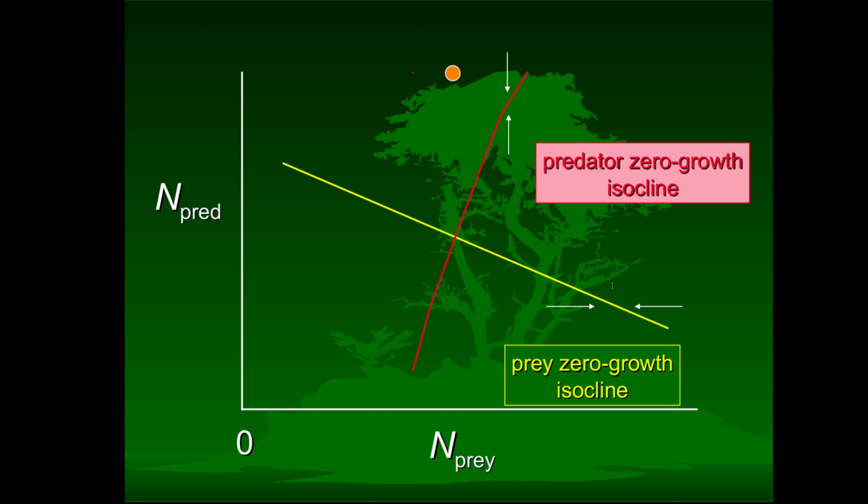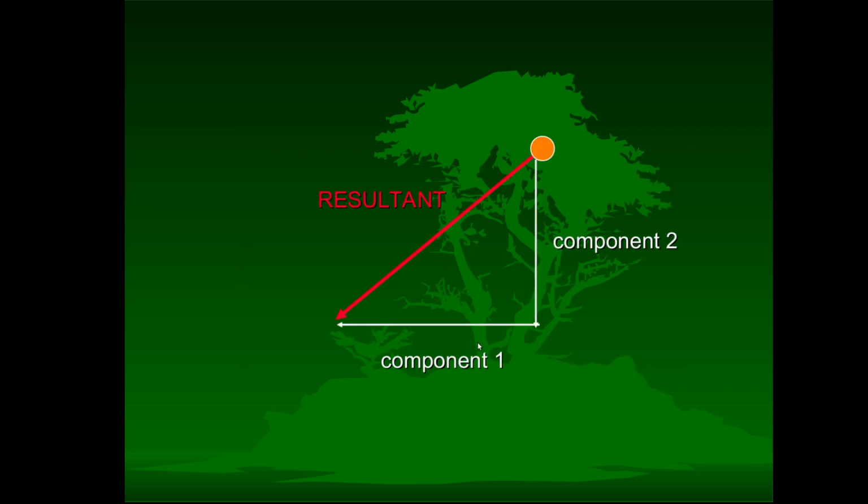So if the two populations are in this upper left quadrant, both populations are decreasing. And we look at the direction of movement simply by adding the two vectors of population change of the two species to get the resultant vector of movement.